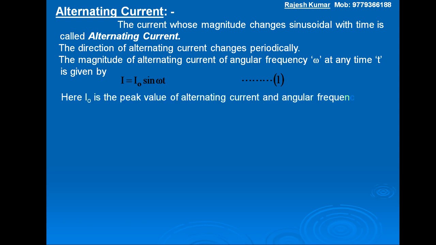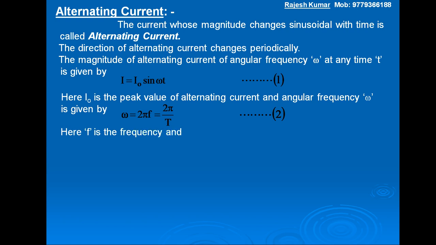Here I naught is the peak value of alternating current and angular frequency omega is given by omega is equal to 2 pi f or equal to 2 pi upon capital T. Put it equation number 2.